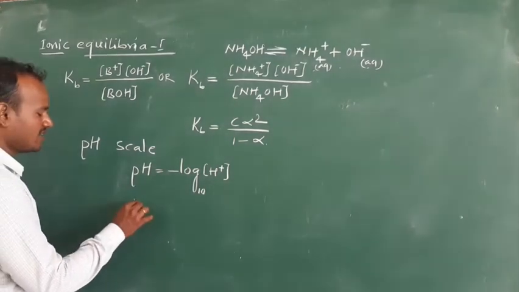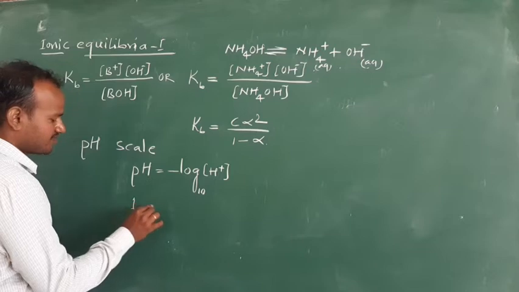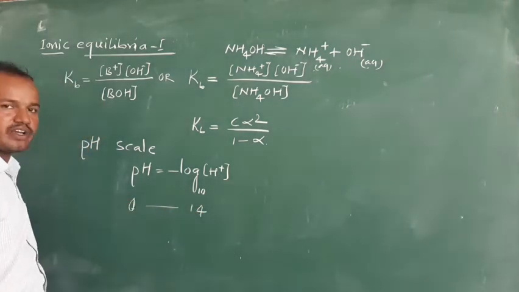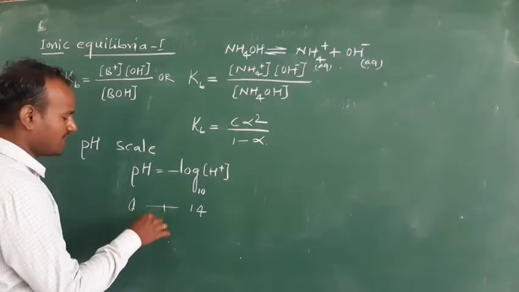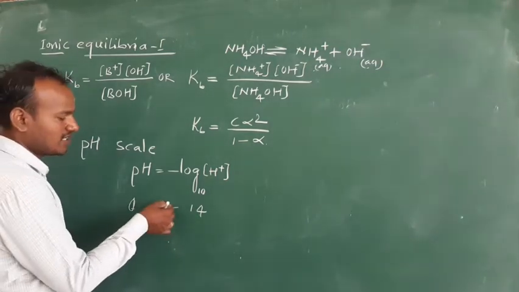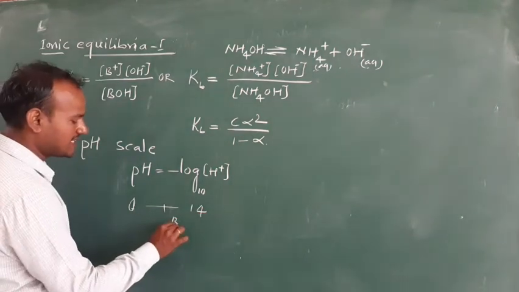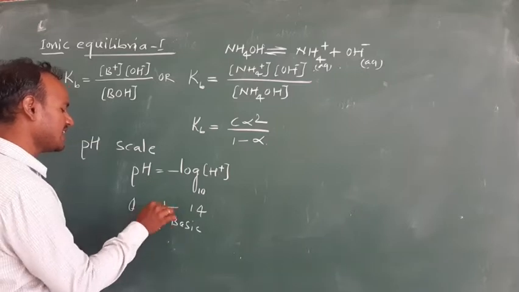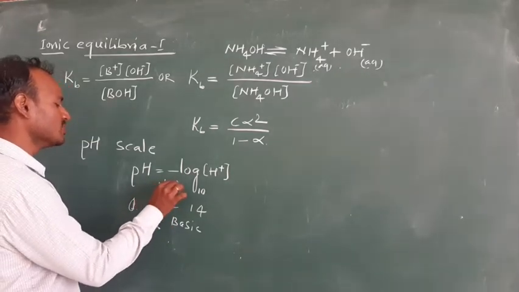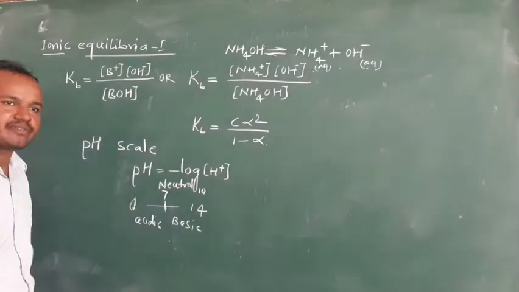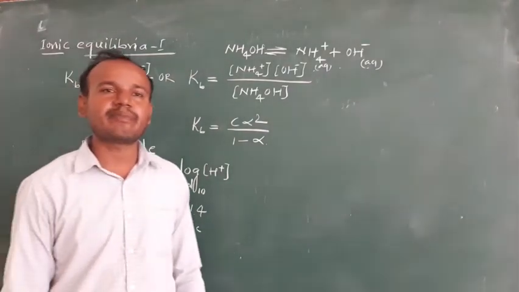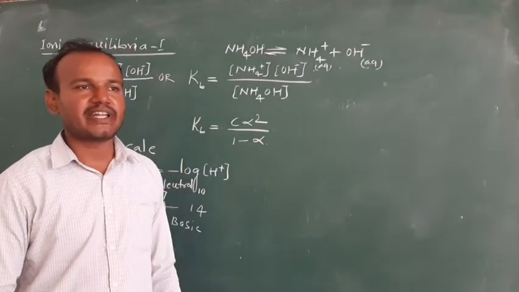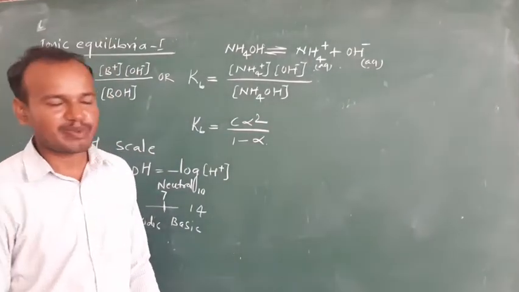We divide the pH scale between 0 and 14. From 0 up to 7 it is acidic, from 7 to 14 it is basic, and exactly at 7 it is said to be neutral. So pH is a measurement of the molar concentration of H plus ion. This is one of the methods to measure the concentration of H plus ion.